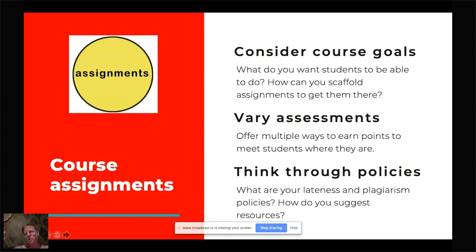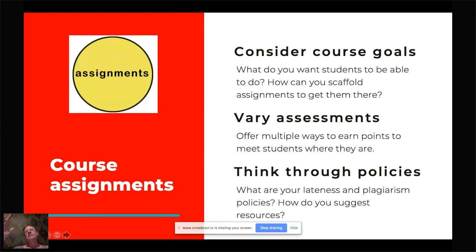So if what you want students to be able to do is write a research paper, part of inclusive excellence is understanding that not all students understand what a research paper is when they start your class. So think about how you can scaffold assignments to get them there. The scaffolding also gives students a lot of ways to show what they know and have learned.